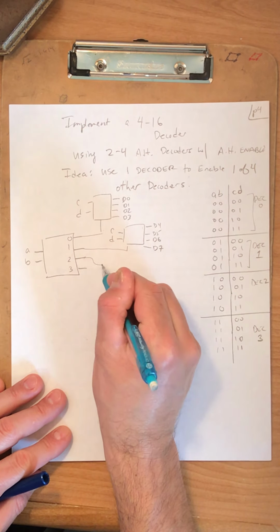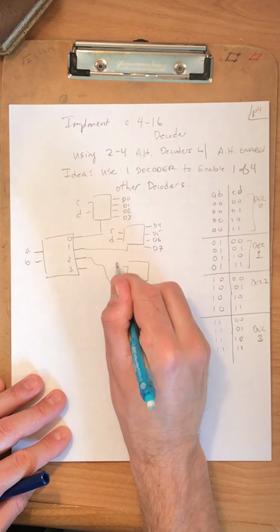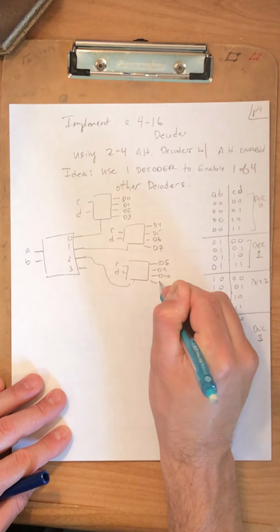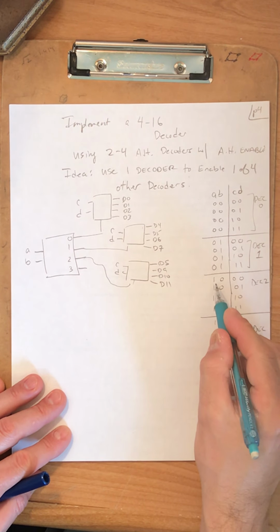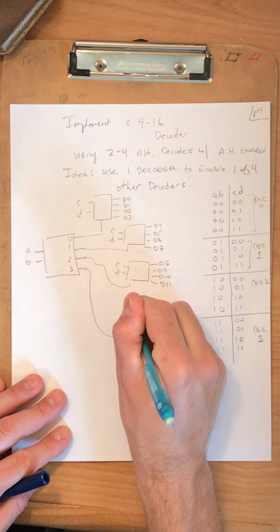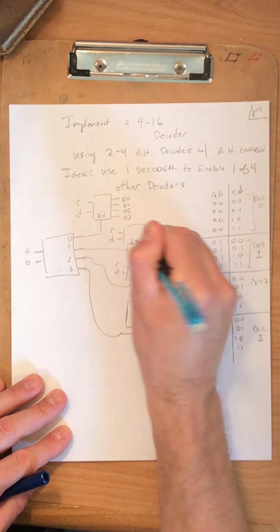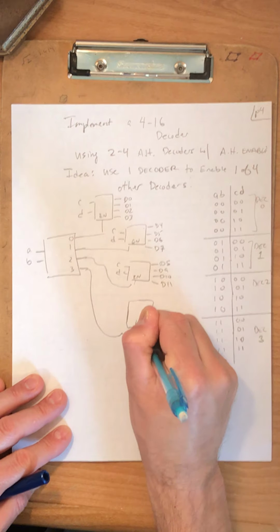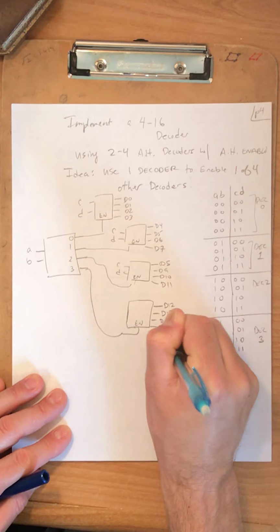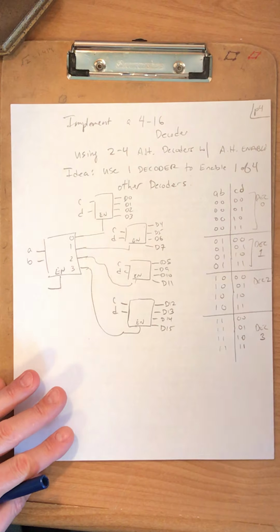Next, still have C and D over here. We have D8, D9, D10, D11, 8, 9, 10, 11, and then the last one. And these are all enable lines. D12, D13, D14, D15. And over here we have an enable line.